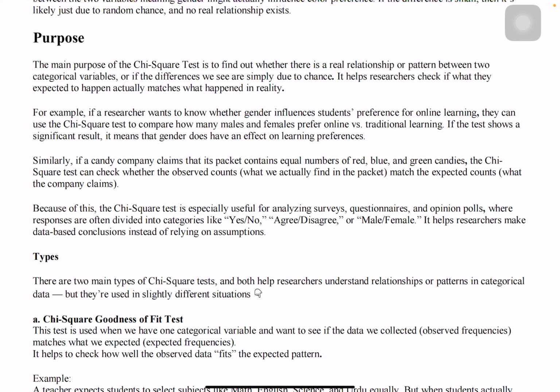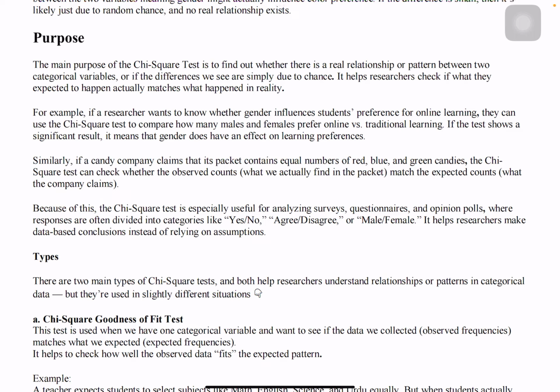Purpose. The main purpose of the chi-square test is to find out whether there is a real relationship or pattern between two categorical variables, or if the differences we see are simply due to chance. It helps researchers check if what they expected to happen actually matches what happened in reality.